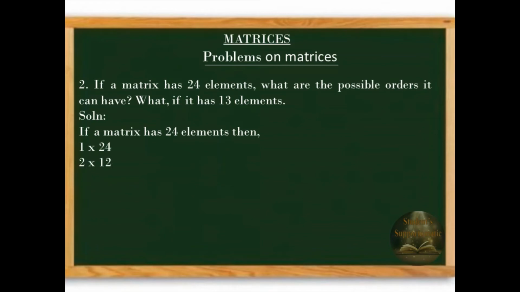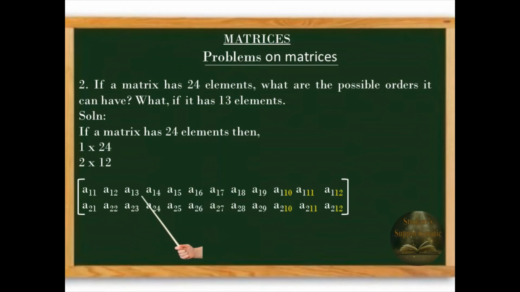2 by 12. That is, 2 twelves are 24. It means the 24 elements are arranged in 2 rows and 12 columns. That is like this: A11, A12, A13. So the first number indicates the row number, and the next numbers 1, 2, 3 indicate the column number.